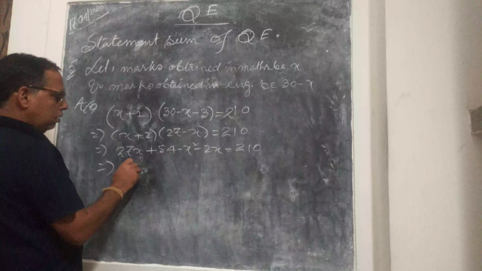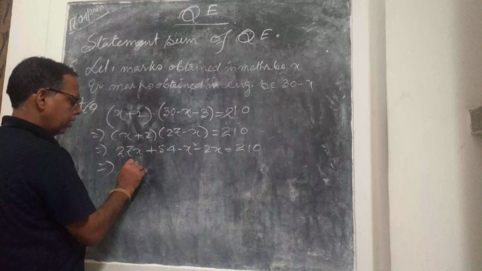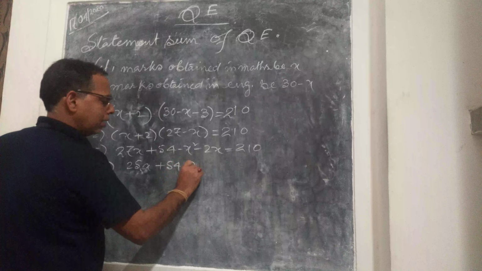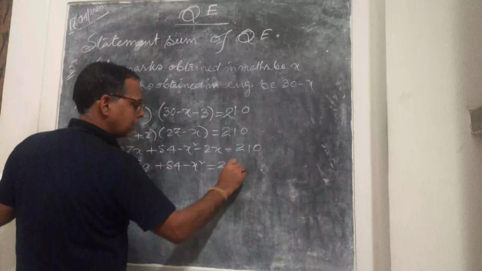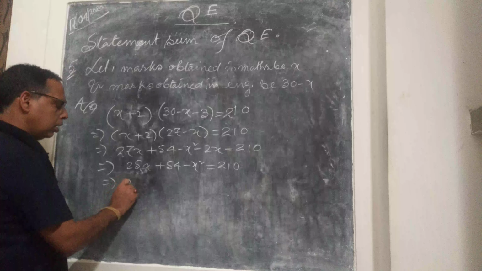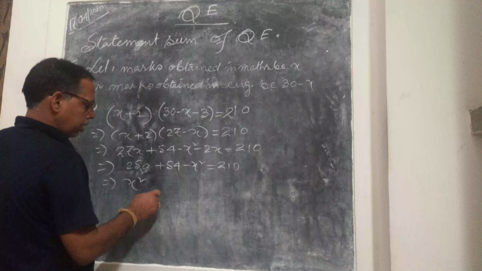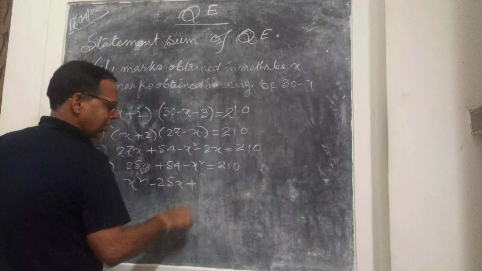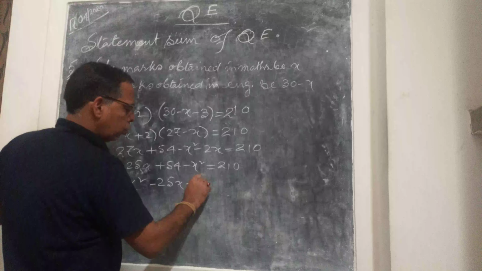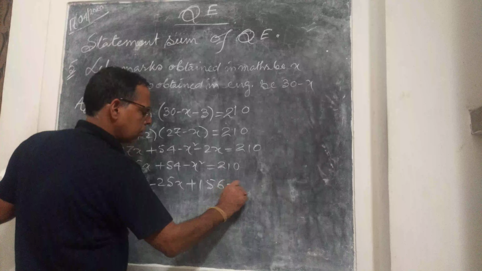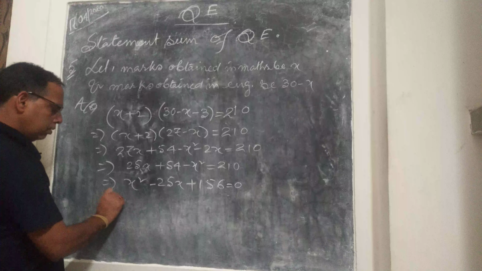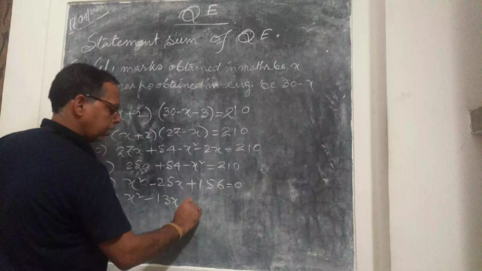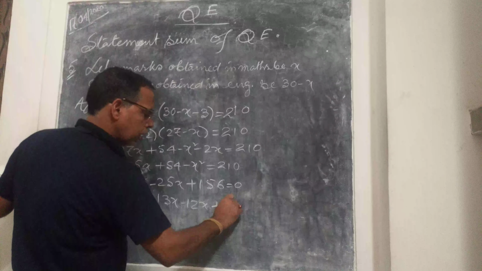This implies 25x plus 54 minus x square equal to 210. This implies x square minus 25x plus 156 equal to 0. Then x square minus 13x minus 12x plus 156.